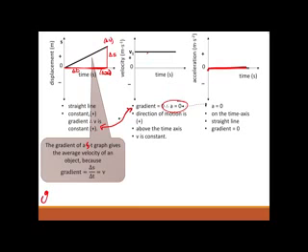You know that from maths. Gradient is change in y over change in x. Change in y happens to be s. Change in x happens to be t. That means the gradient of this graph gives me v.